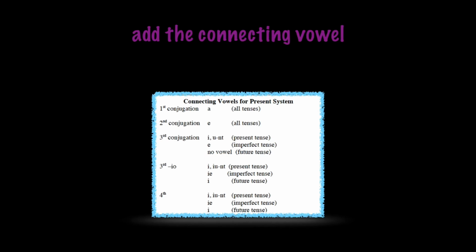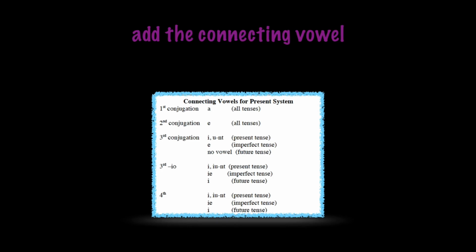Finally, fourth conjugation verbs in the present tense will use i as a connecting vowel until it is time to use a third-person plural ending. At that point, you will need to use i, u as the connecting vowels before the they ending of the present tense.